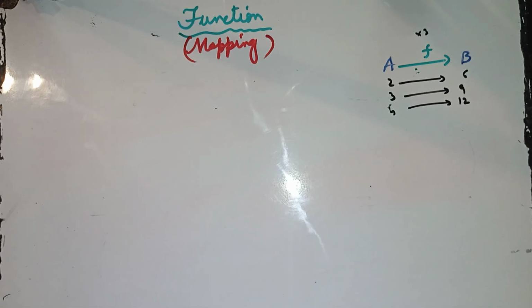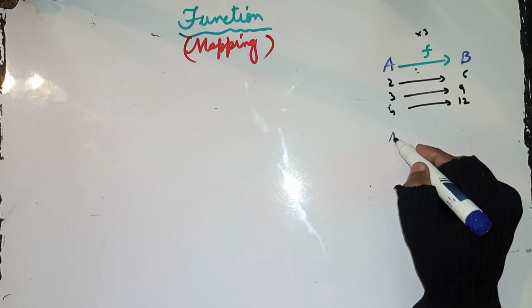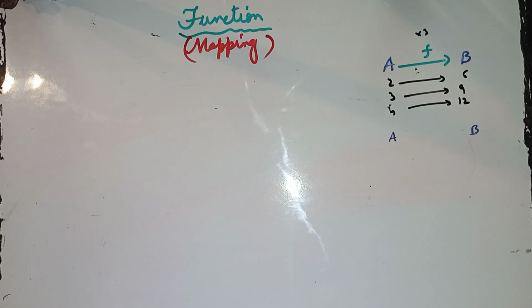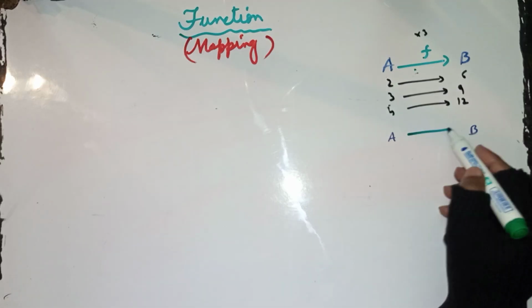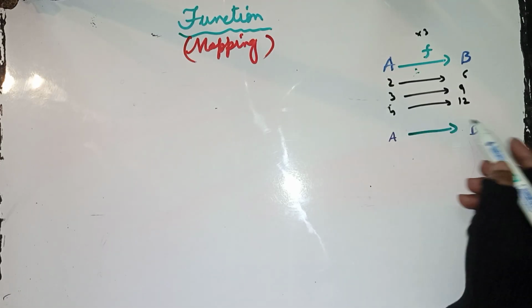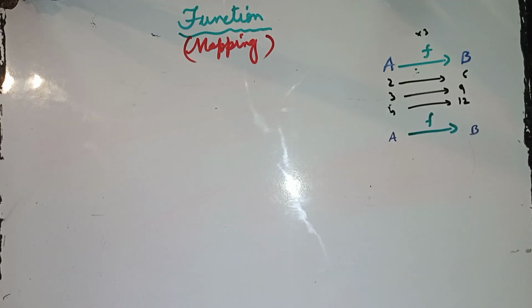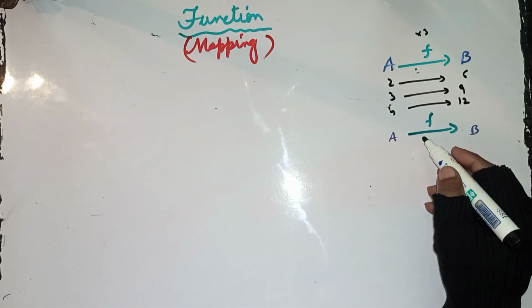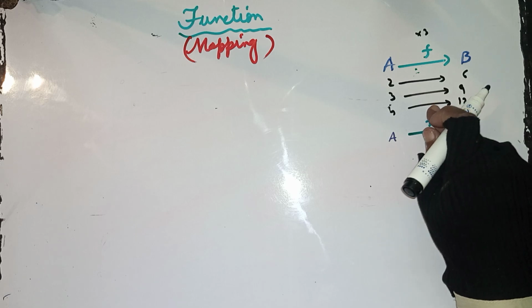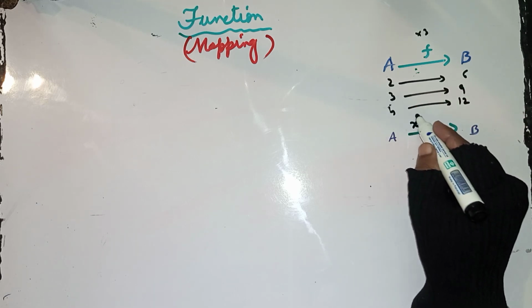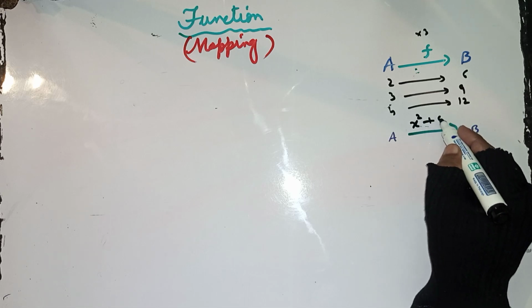If I have another case, that set A is converting into B under the operation of F, what is the operation? I write here the operation of x square plus 5.